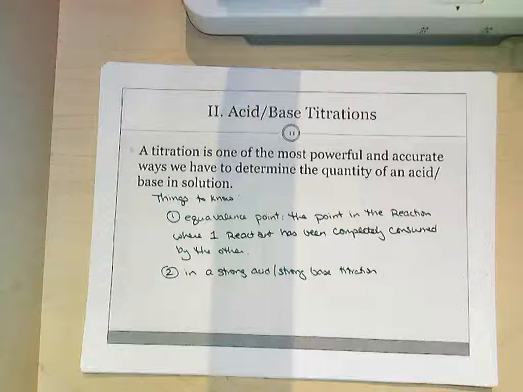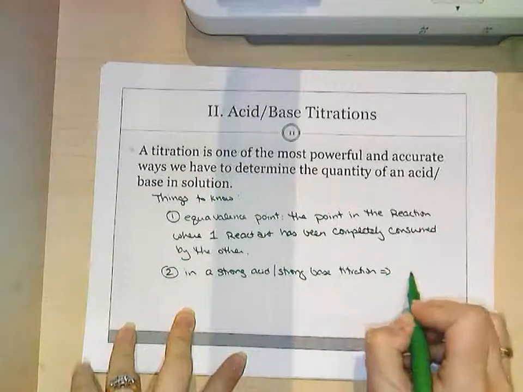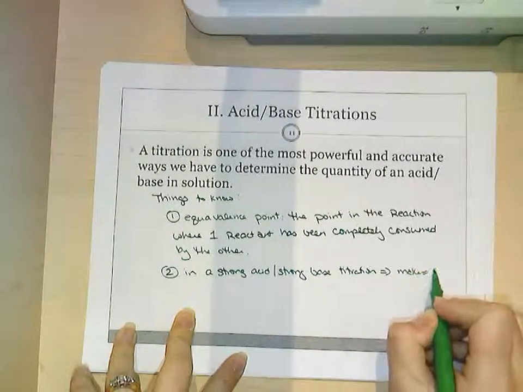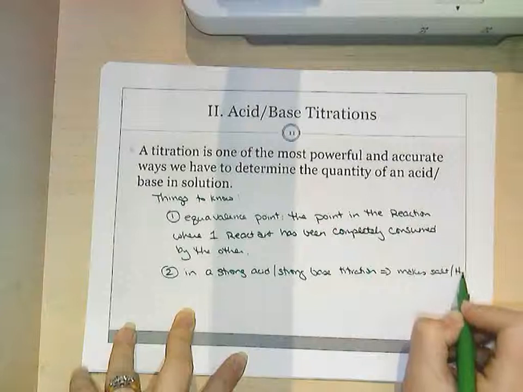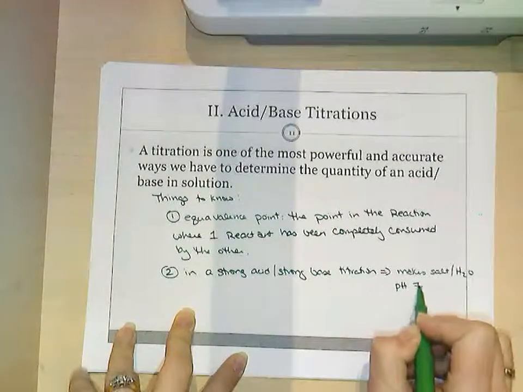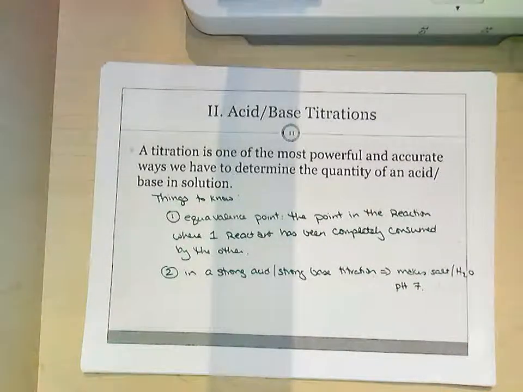Salt and water. So what would we expect the pH to be? Neutral, right? Still true. It makes a salt and water, which means its pH will be 7. So that's a good guidepost: if you have a strong acid and a strong base reacting together, at their equivalence point, the pH has to be 7, because all the strong acid reacts with all the strong base.